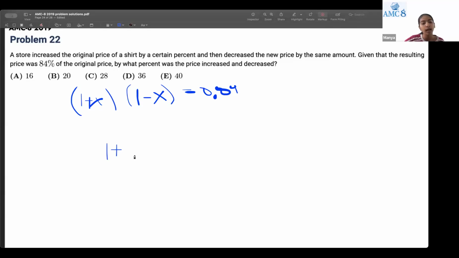So 1 plus x squared equals 0.84. And so if we subtract 1, we're gonna get x squared is equal to 0.16.